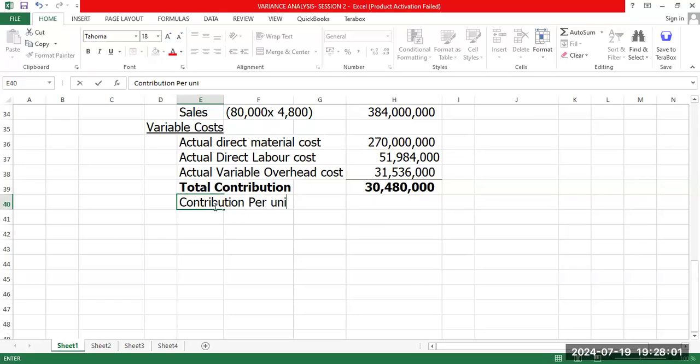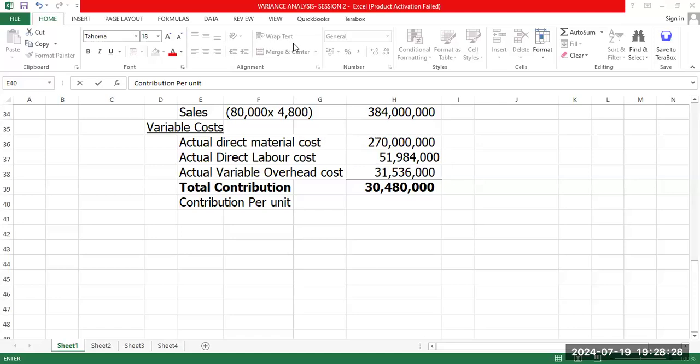So we can go ahead and get the contribution per unit. But if someone uses the standard costs to calculate contribution, is it right? It is wrong. You cannot use the standard costs to get contribution.